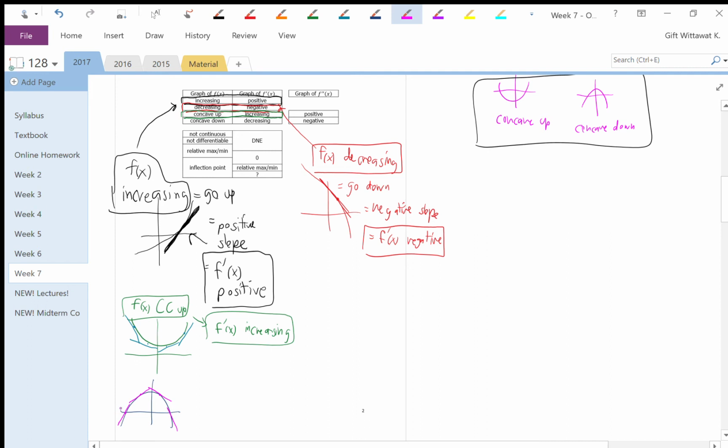So my tangent line used to slant up, it used to be very positive, but then it becomes less positive, it becomes negative, and it becomes very negative. So if my function is concave down, that would imply that the derivative is decreasing. So that's the fourth item in my table.